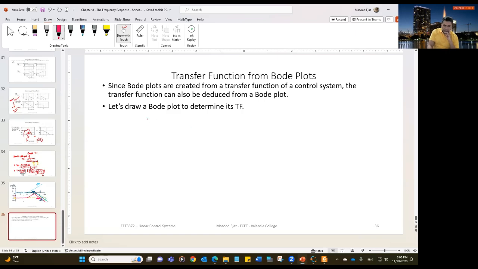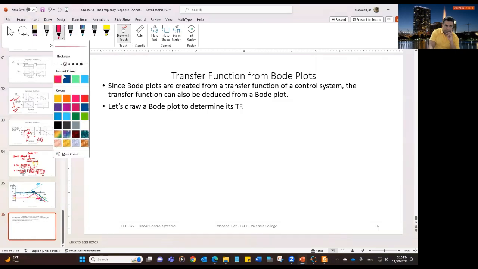Okay, so let's assume that we have T as equals, oh no, we are doing the Bode plot and then doing T of s. So let's say we have the Bode plot.